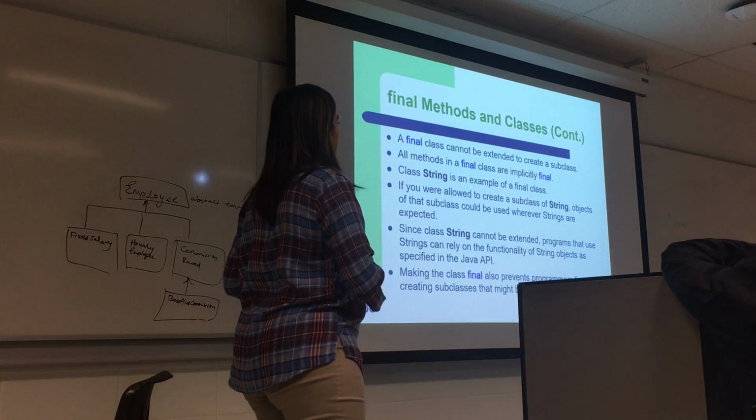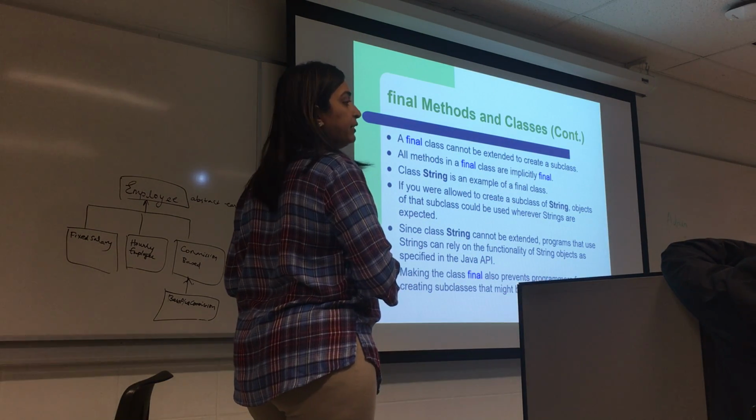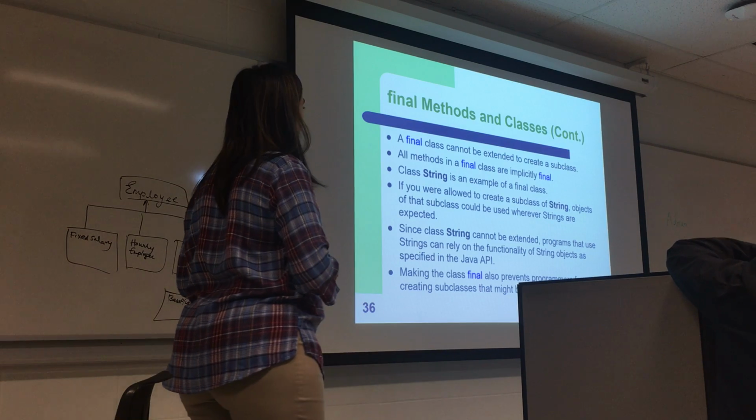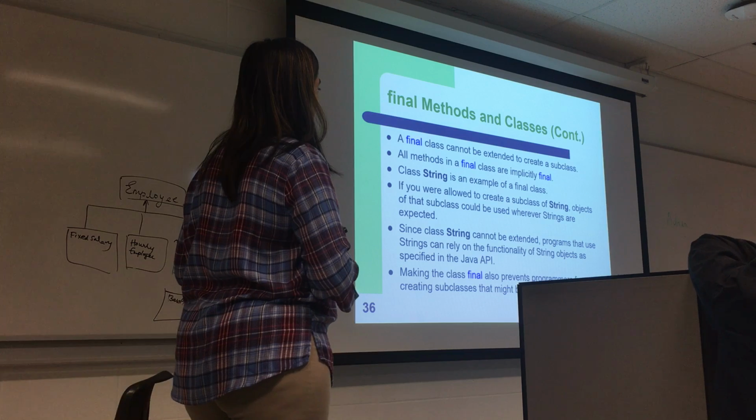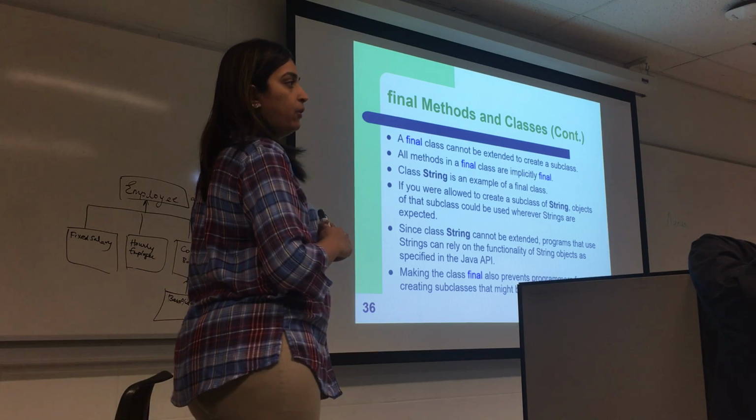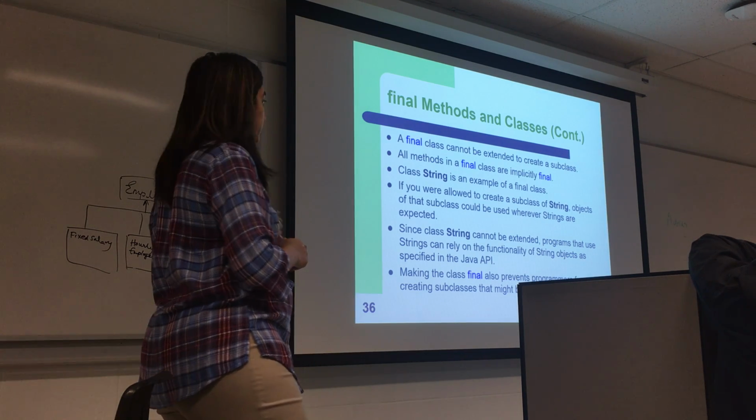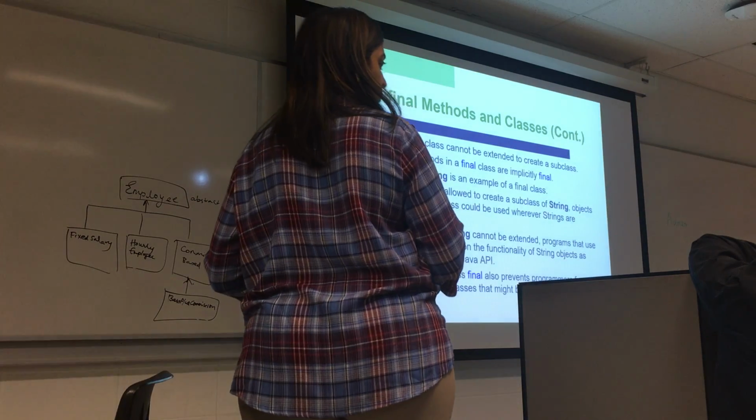A final class cannot be extended to create a subclass. All methods in a final class are implicitly final. Class String is an example of a final class. So this is very important and many times this is asked in interviews.